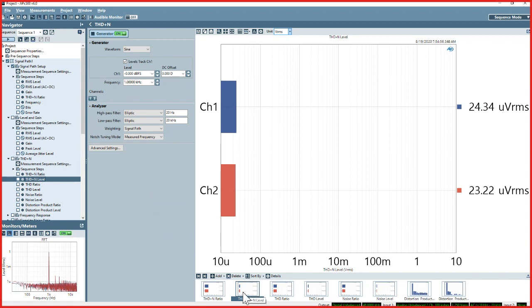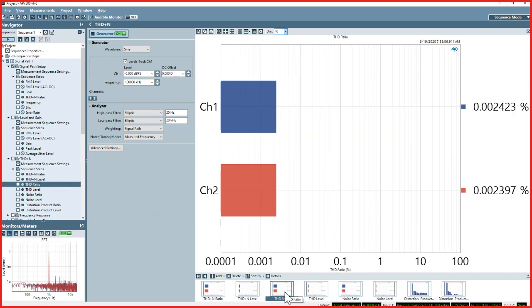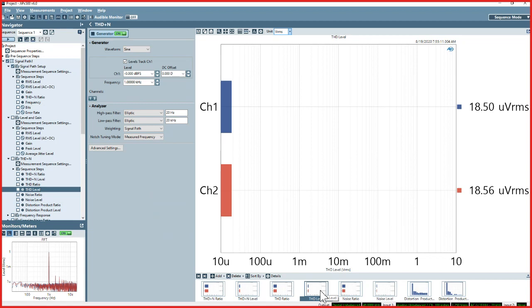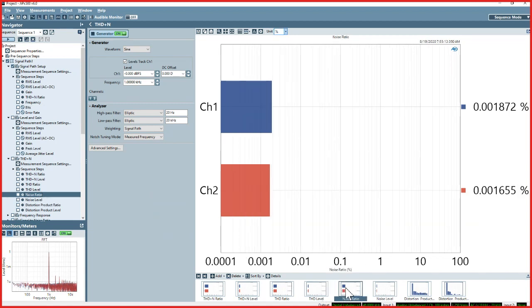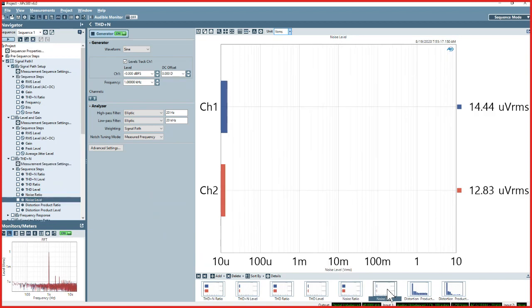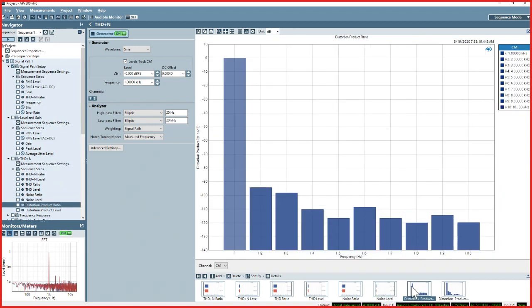We can also look at the absolute level of that. So the residual noise and distortion when stimulated at full scale is 20 to 24 microvolts. And we can keep parsing that. We can look at just a distortion ratio or just a distortion level or just the noise components ratio or level, or the ratio or level of individual harmonic products.